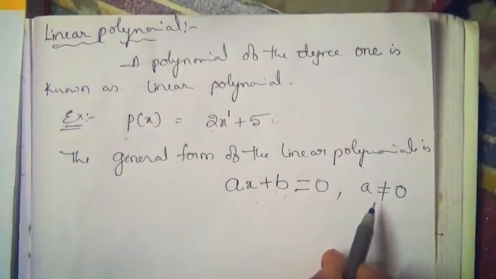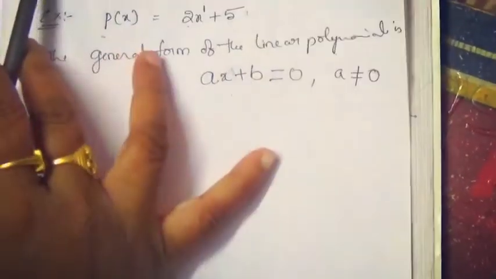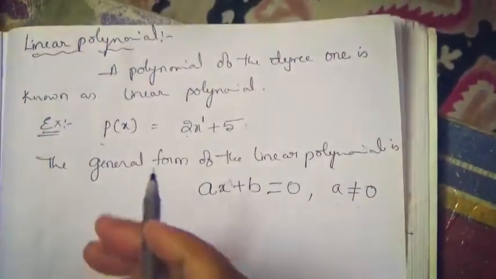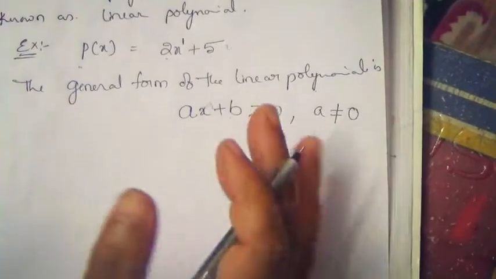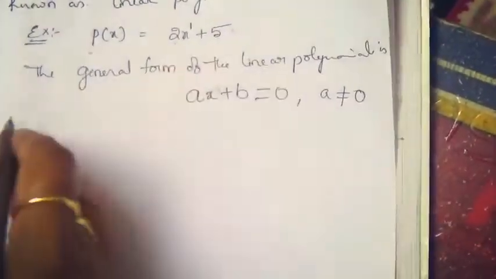Okay. So we can express this linear polynomial in two ways, that is, as a monomial as well as a binomial. I am giving one example here.